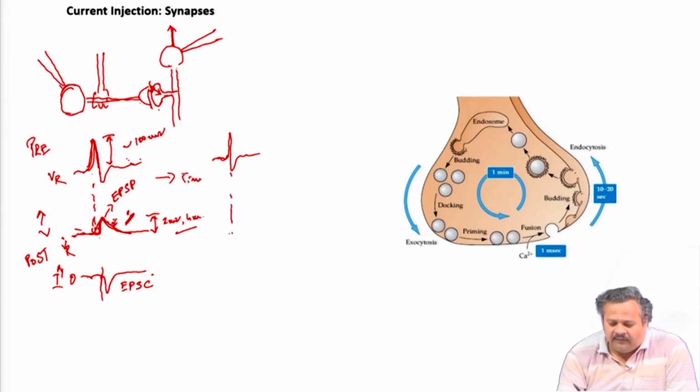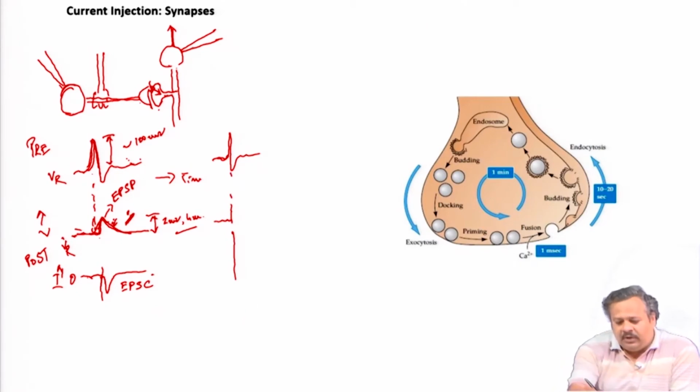If we align that and measure the postsynaptic potential through patch recordings, we will see a decrease in the membrane potential. This is again a few millivolts, at V rest of the postsynaptic neuron, and this is what we call the IPSP, or inhibitory postsynaptic potential.